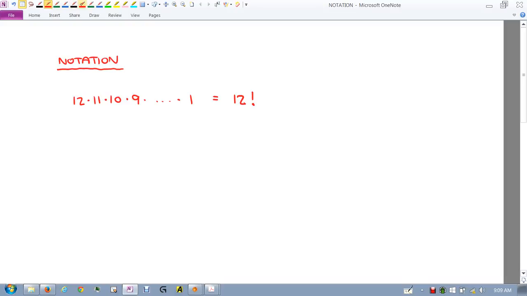This exclamation in the back is called a factorial symbol. And so this would be what we call 12 factorial. 12 factorial is 12 times 11 times 10 times 9, all the way till you get down to 1. And it's a nice condensed notation instead of having to write everything out.